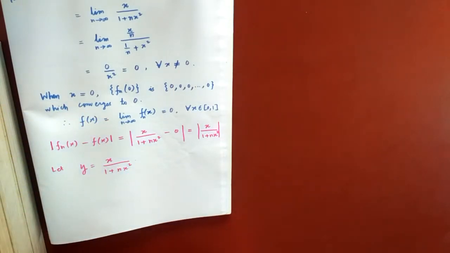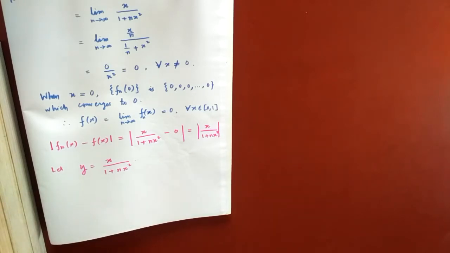So I have to find the maximum value of this quantity. One technique of finding the maximum value is maxima minima. You all have been doing this in class 12, no? Maxima minima, dy by dx equals 0 and so on, right? I'll use that technique. There's one more technique to find the maximum or minimum: the AM-GM method that you have done in inequalities. Anyways, I'll use the maxima minima method.